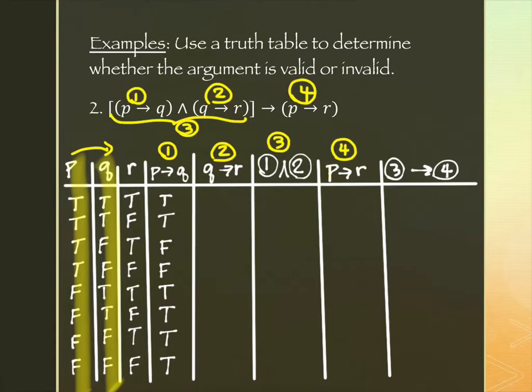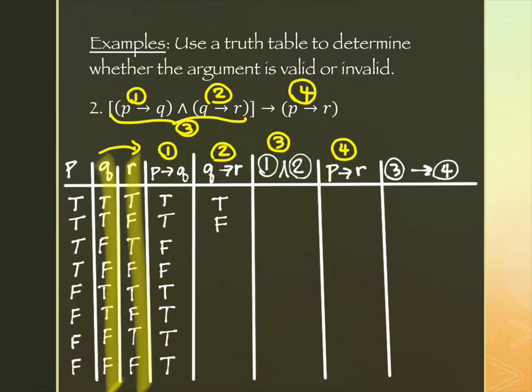All right. The next one we're going to do is the column Q implies R. Okay, same thing as before, right? Still implications as well. So row 1 is true implies true. That is true. Row 2 is true implies false. That is false.